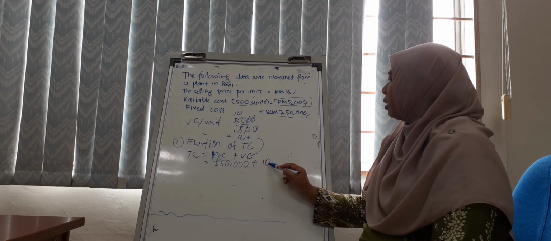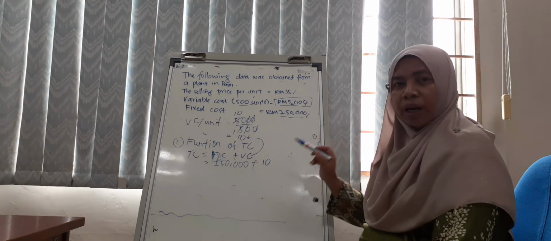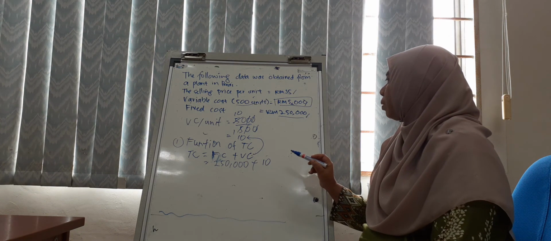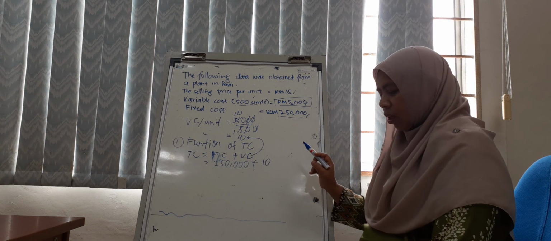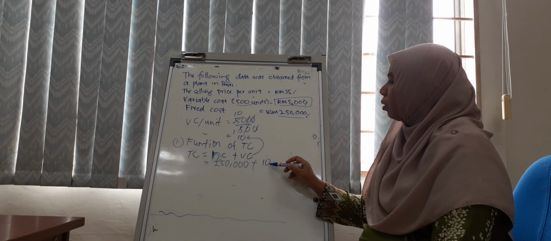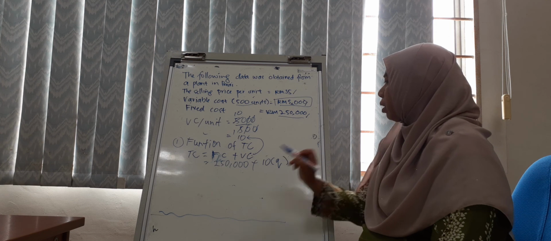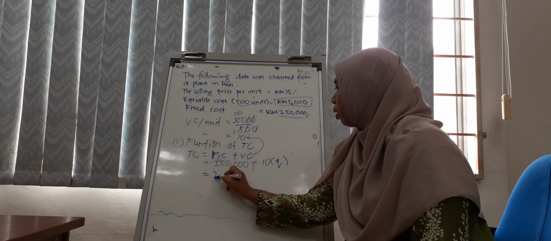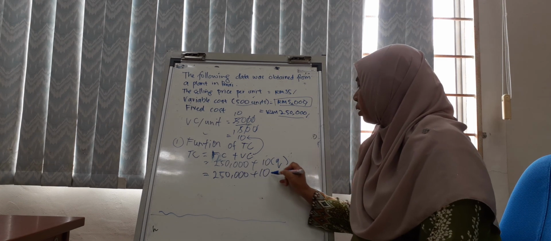But what is the formula for variable cost? Variable cost is variable cost per unit times quantity. So total cost is 250,000 plus 10Q.